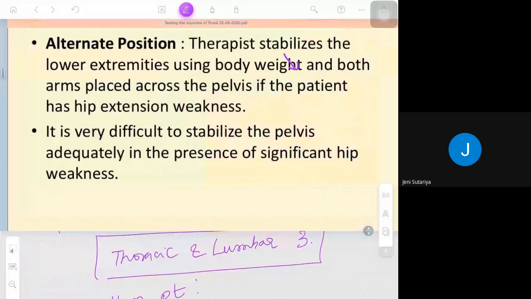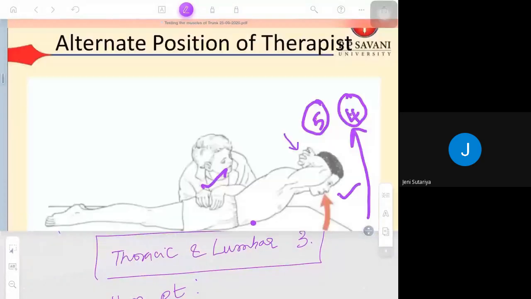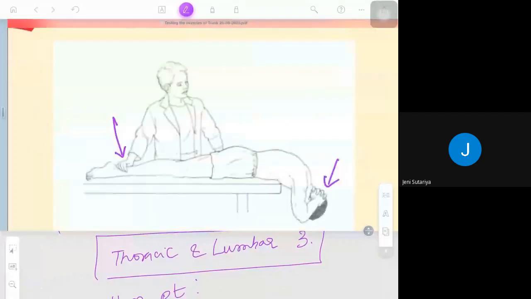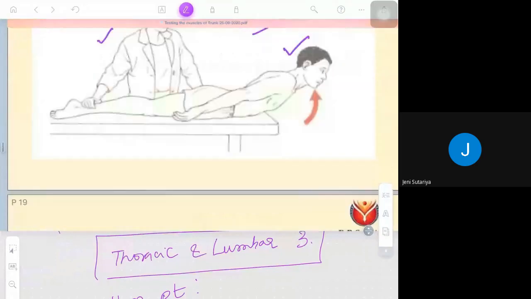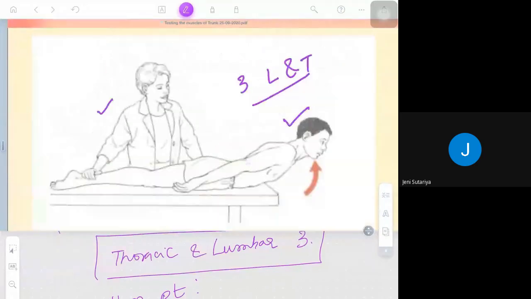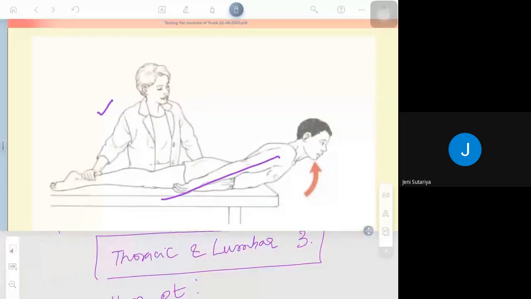Hands are behind the head for 4 and 5. But for 3, see, the hands are by the side. This is the main difference. It is not behind here, it is by the side of the trunk.